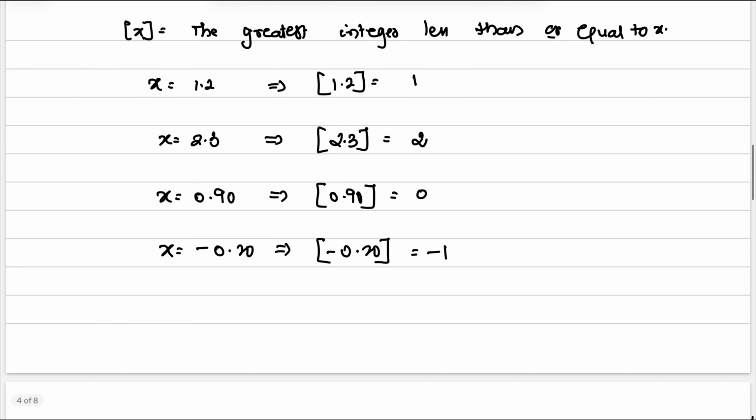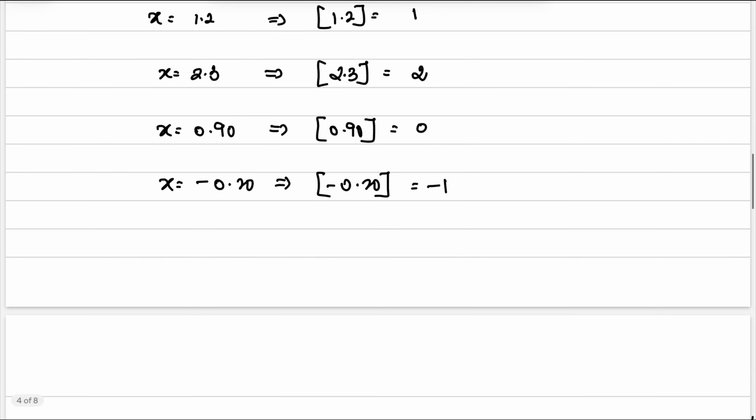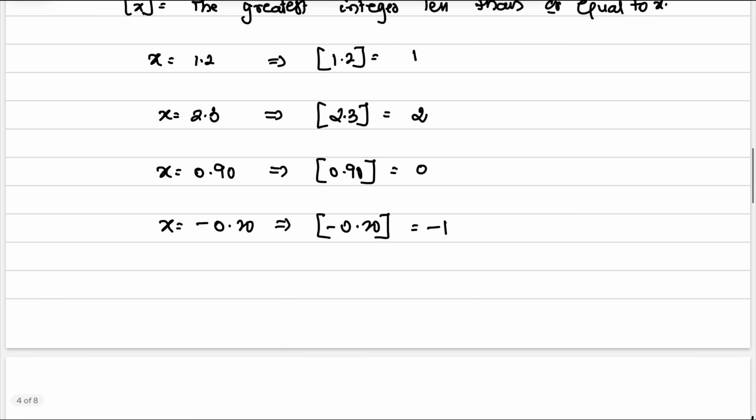That means for different values of x, the integer values in form of function x. Function x will always have integer values only.